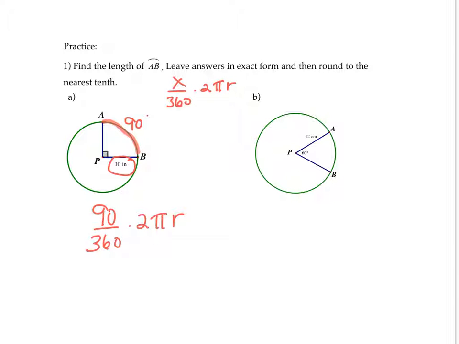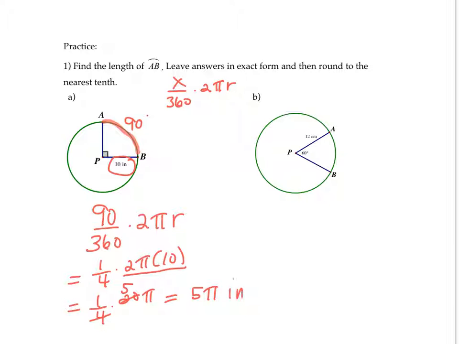We know that 90 over 360 reduces to 1/4, and our circumference is 2 times pi times 10, which gives us 20 pi. 1/4 times 20 pi, well, 4 goes into 20 5 times, so the final answer would be 5 pi inches.